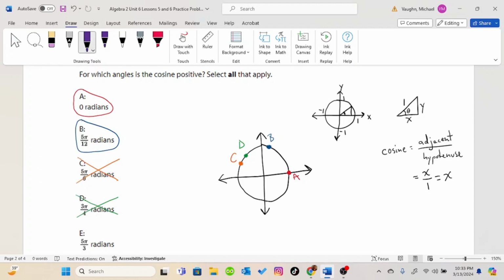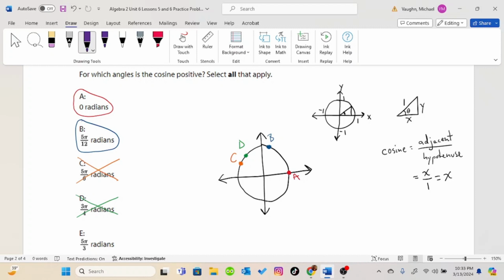And finally, choice E. We have 5/3 pi. So pi is half the circle, and that would be 3/3.